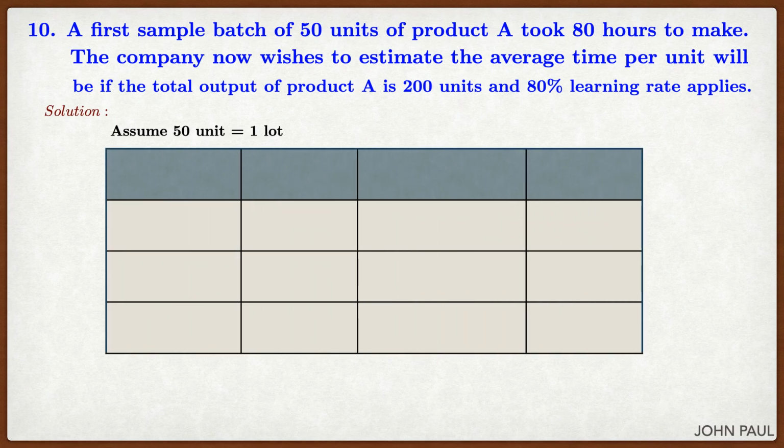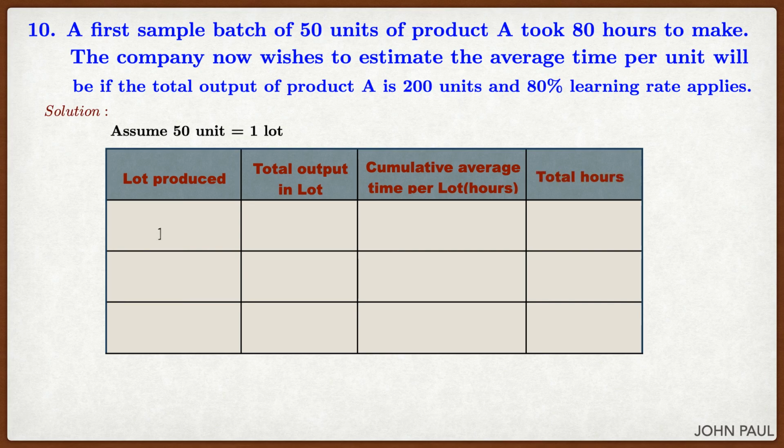Draw the table lot produced, total output in lot, cumulative average time per lot in hours, total hours. We will take 1, that is 80 hours, total of 80 hours.